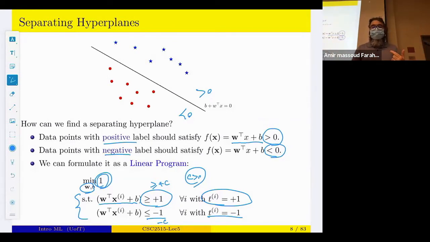But the constraint part might not be satisfied. So the solver still has to find a W such that the constraint is satisfied. This is a form that people use to write what is called a feasibility problem, where we put everything that we want in the constraints.